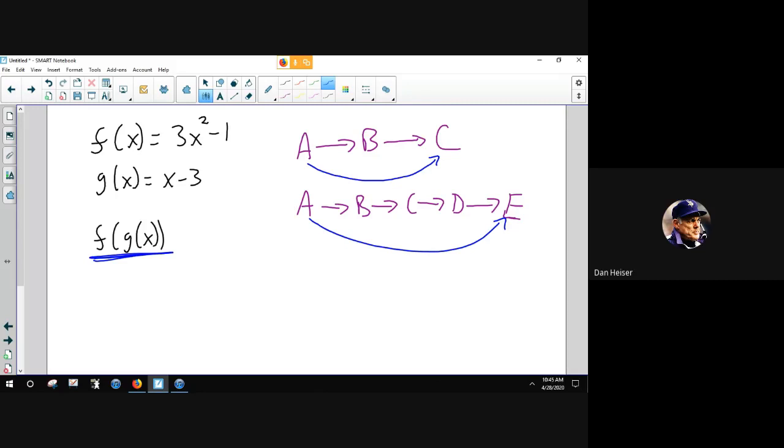In other words, find one function that does the work of all of them at once. Find that one shortcut to go from here straight to here. So when I plug a value into that, I don't have to get this middle value, or all these intermediate values. I plug in a value here, I'm taken straight to the end result.